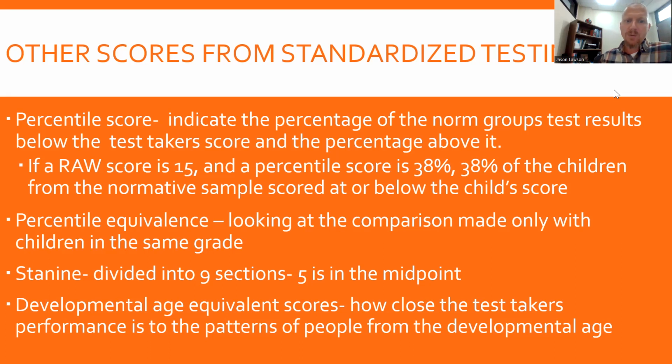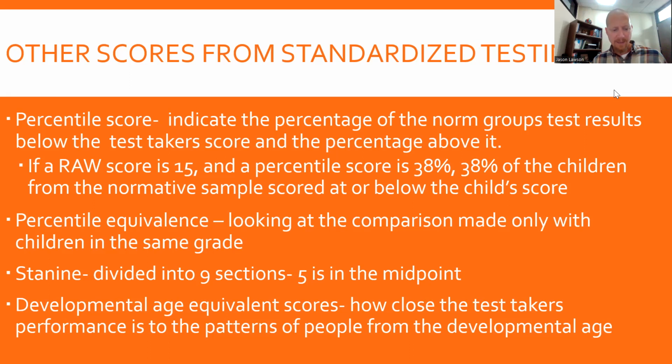If a raw score is 15 and we convert that raw score to a percentile score of 38%, we can interpret that for our third-party payers by saying 38% of the children from the normative sample scored at or below the child's score. This was taken from your Mulligan text on how to interpret percentile scores, so please revisit that and spend some time with it if it's confusing.